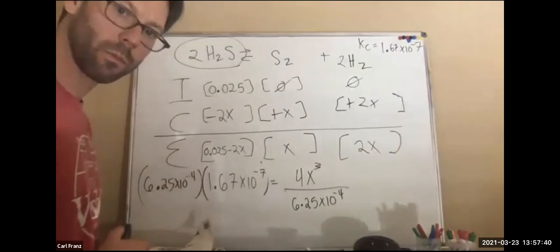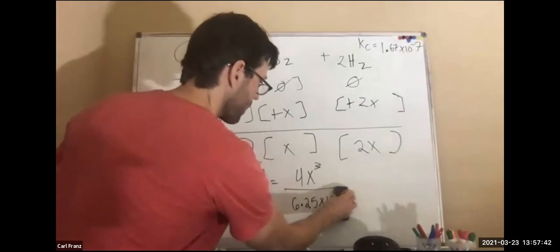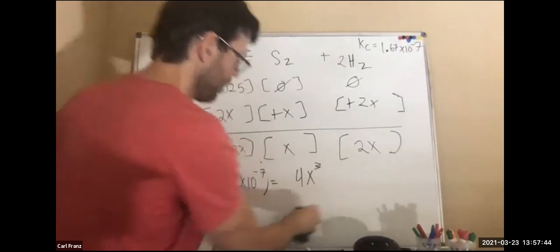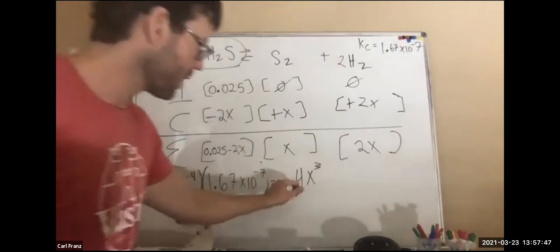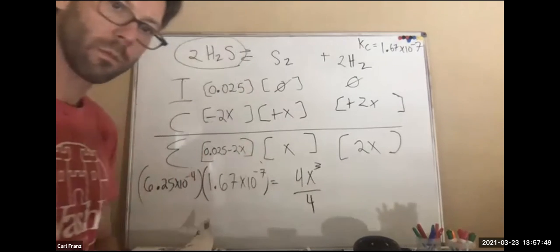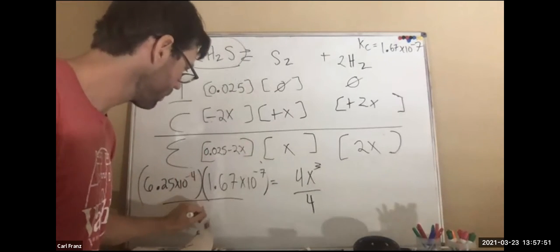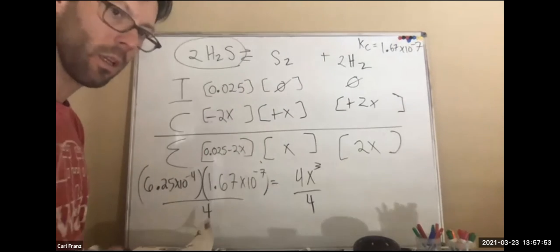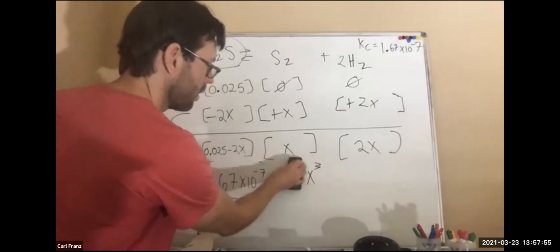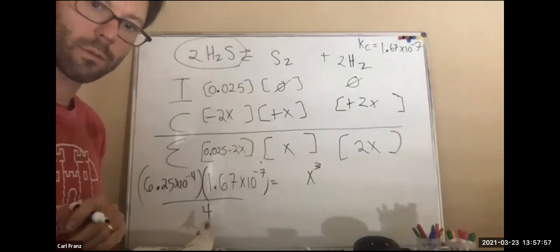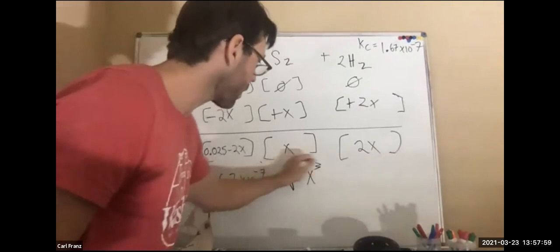That cancels this. Then we divide by 4. That cancels the 4. Then we take the cube root.